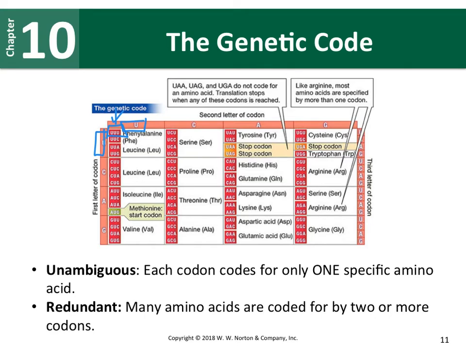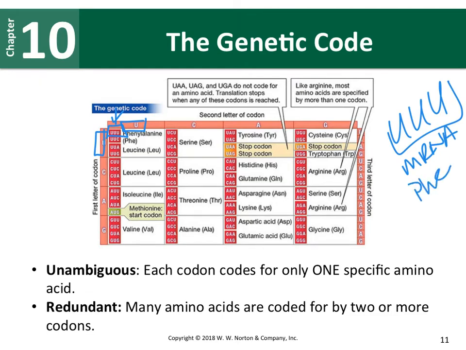It is unambiguous. Anytime there's a UUU in the mRNA, it makes phenylalanine. Nothing else. But UUC can also make phenylalanine. Never makes anything but that. But in this case, these two codons both make phenylalanine.